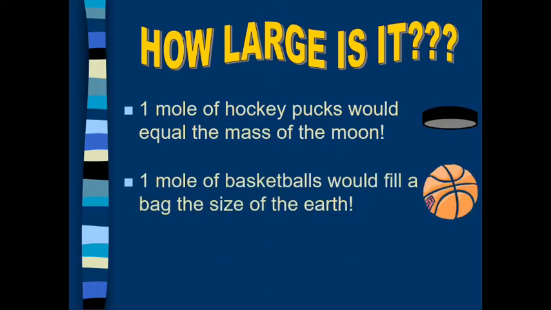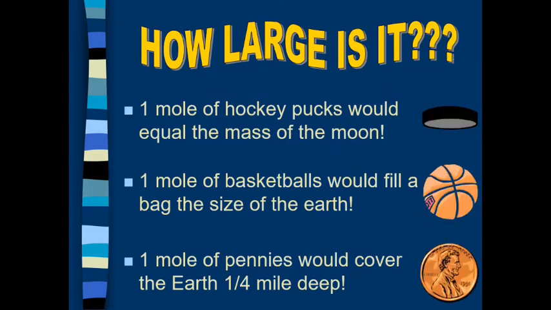If you had 1 mole of basketballs, it would fill a bag the size of the earth. That's a lot of basketballs. And if you had 1 mole of pennies, it would cover the earth a 1/4 mile deep. So again, if you had 1 mole's worth of any of these, that would be 6.022 times 10 to the 23rd items of each.